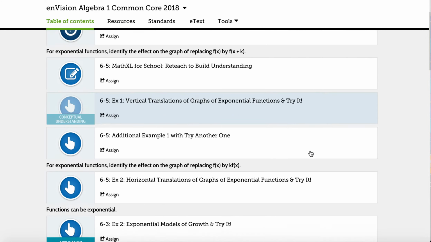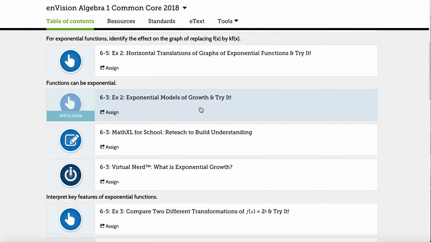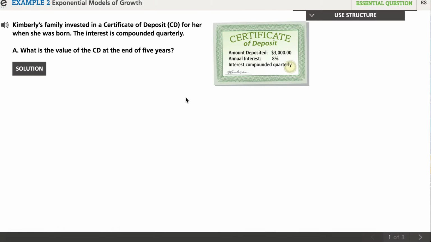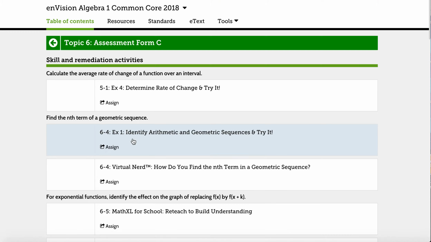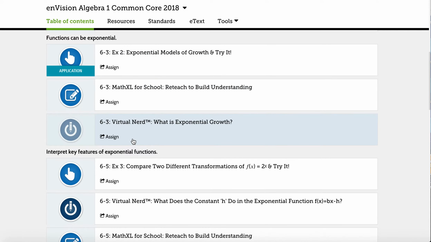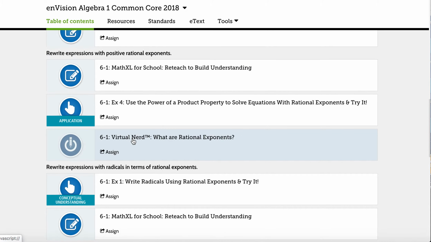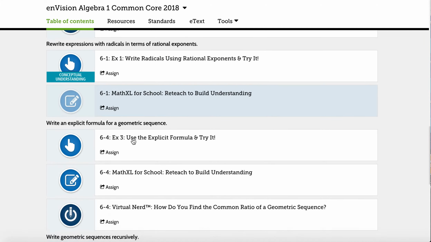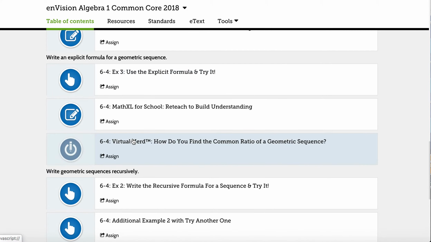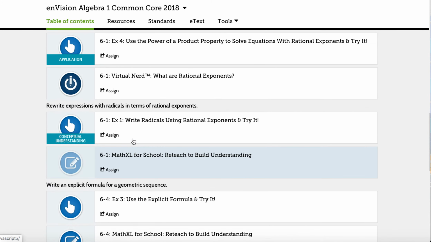Let's go to the exponential decays. Exponential function can be exponential. Okay, let's see. Exponential functions. Oh, we did this. We're just trying to figure out some of the problems to review. Let's see here now the geometric decay.